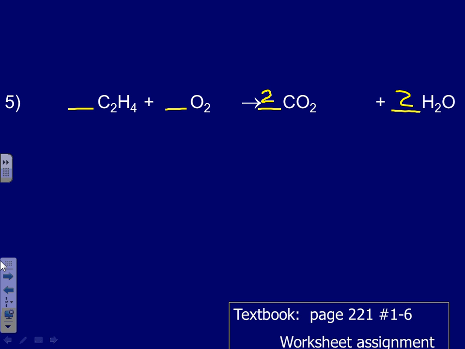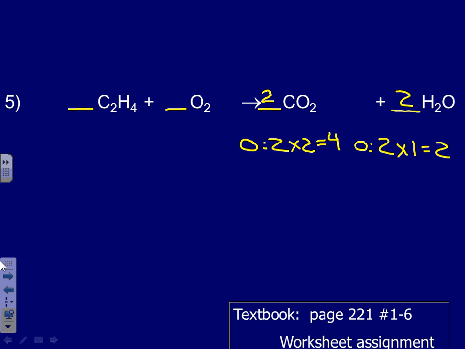Now the O's. Because I have O's in more than one spot, I'm going to add them up. I'm going to write them down as being an addition so we can see them. O's. 2 times 2 is 4. And O's here. 2 times 1 is 2. So how many O's in total on that side? 6?